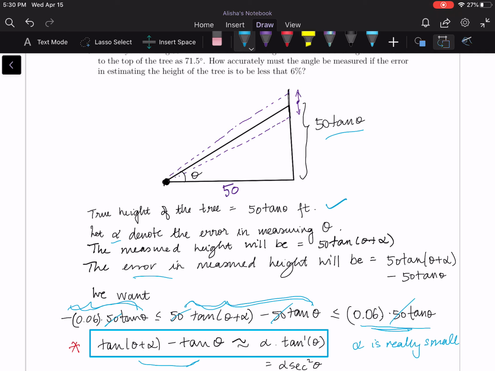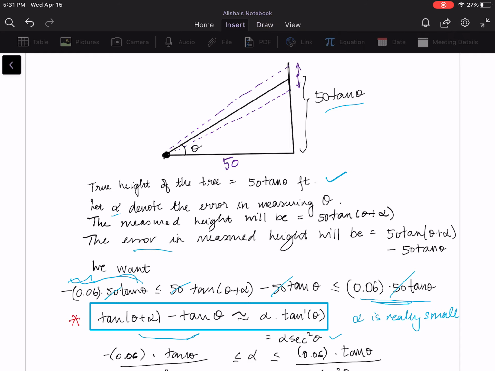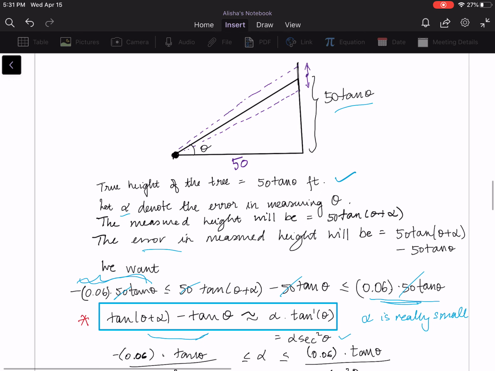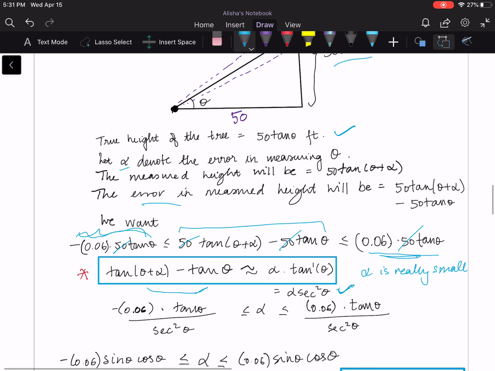Once we're doing that, we know the derivative of tan theta is secant squared, and so immediately we know that the difference is alpha secant squared theta. So I'm going to replace this difference up here with alpha secant squared theta, and then I divide by secant squared, and that's giving me this expression.